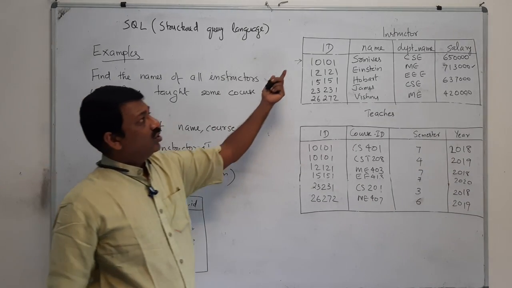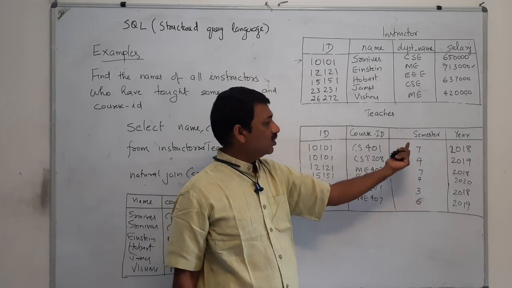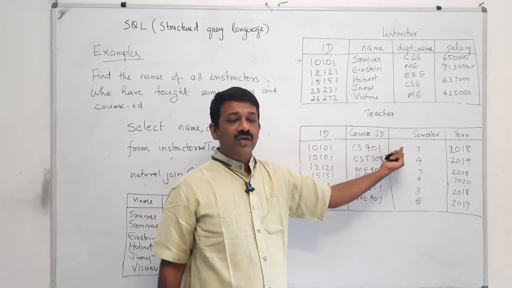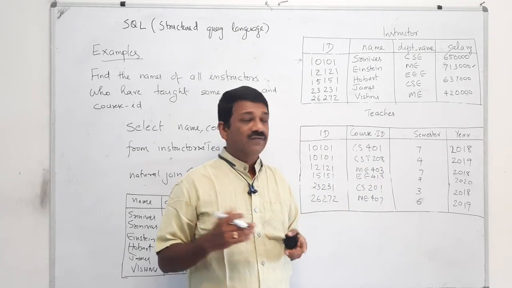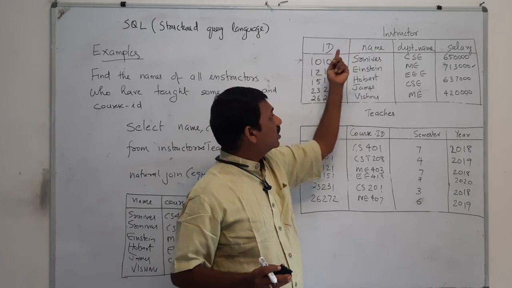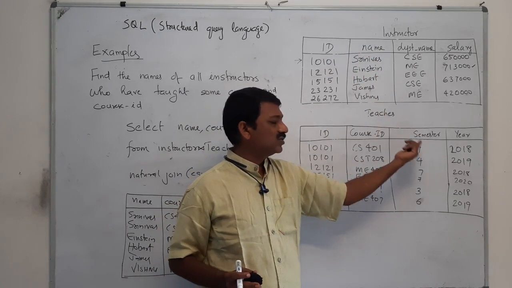If you have two common attributes, for example, suppose that department name is also common, what will happen? It will keep those tuples which have instructor.id equal to teachers.id and instructor.department equal to teachers.department name.